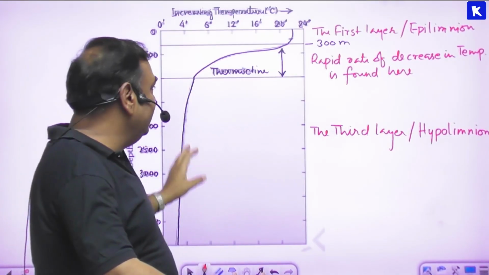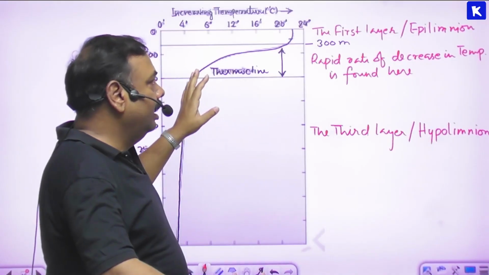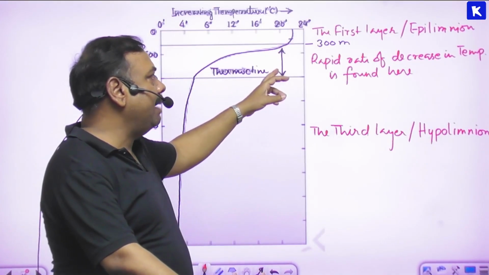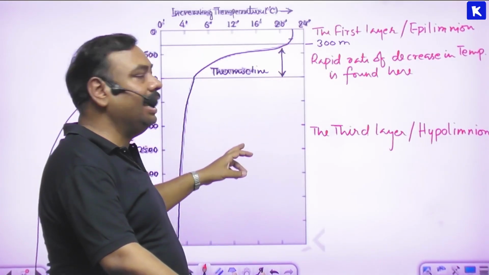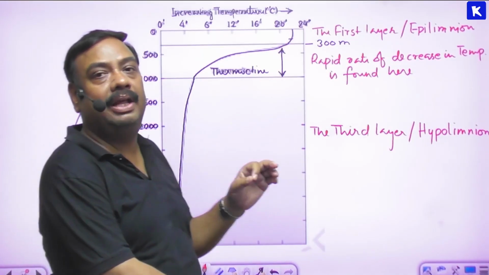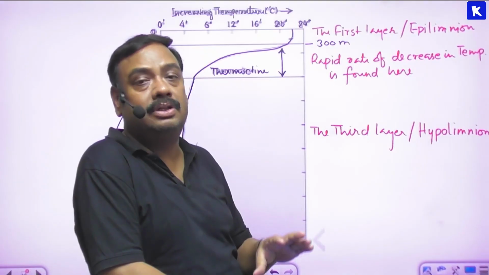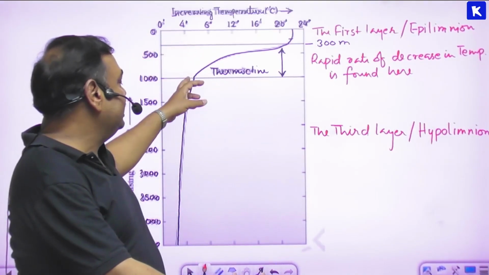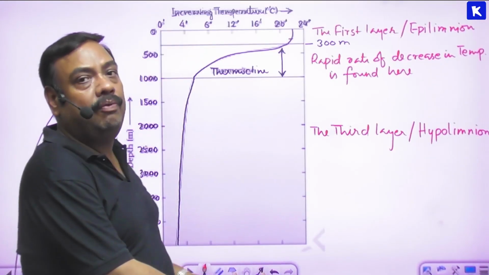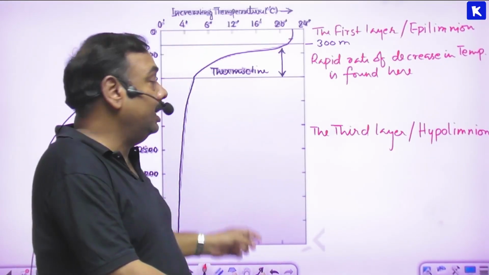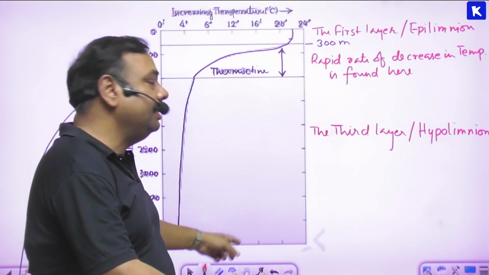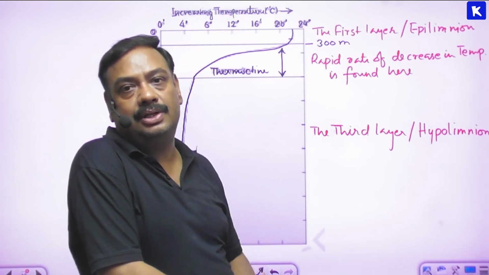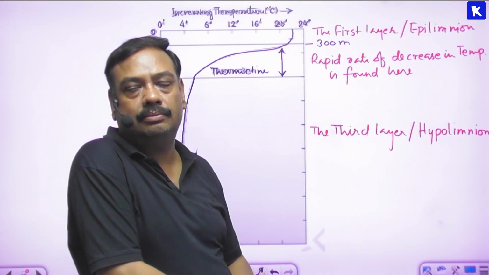And you can observe the slow rate of decrease in temperature, rapid rate of decrease in temperature, and again insignificant rate of decrease in temperature. Why have I used this term insignificant? Because here there is a change of only 2 degrees Celsius of temperature, but for a greater depth, that is why the change in temperature is very insignificant here. Got it?